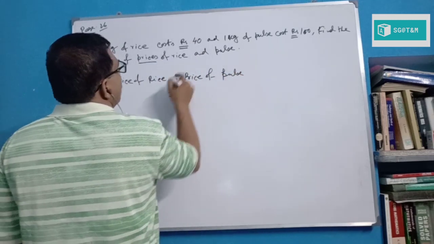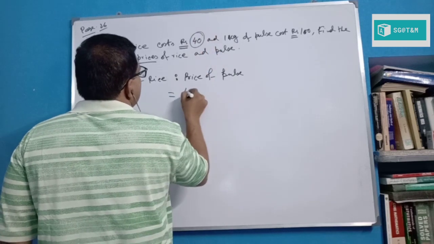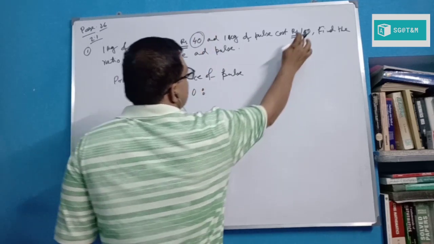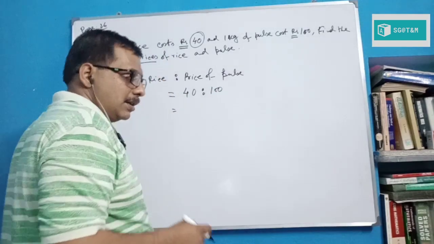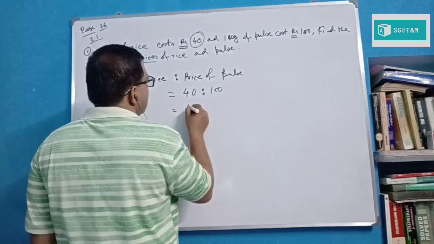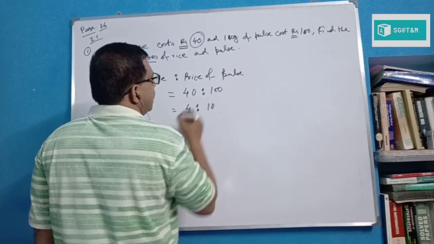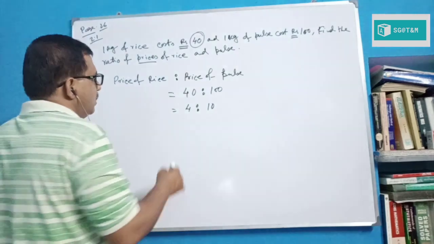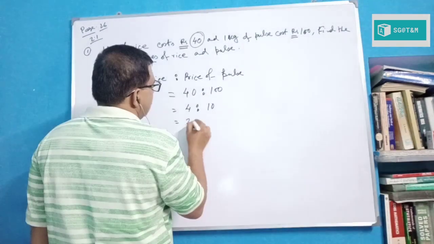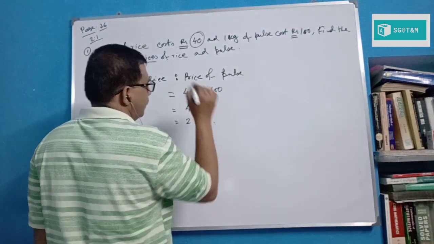The first one is 40 and the second one is 100. Dividing both by 10 first, we get 4 is to 10. Again the common factor is 2, so dividing by 2, we get 2 is to 5. This is the answer.